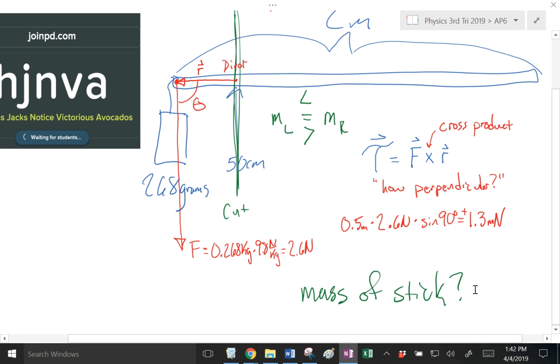Sweet. Now I have 3 answers. So mass of all that stuff is 268 grams. So I want the mass of the stick, based on the information you got there.